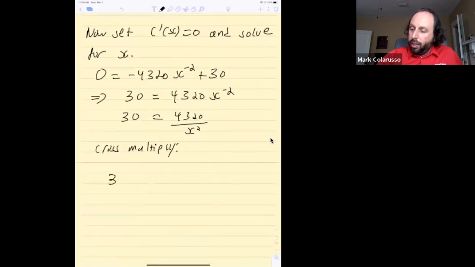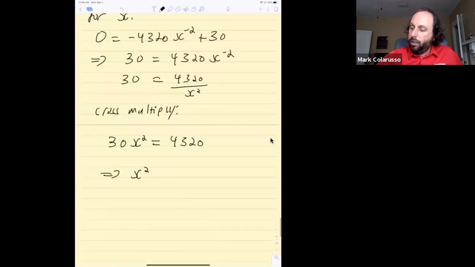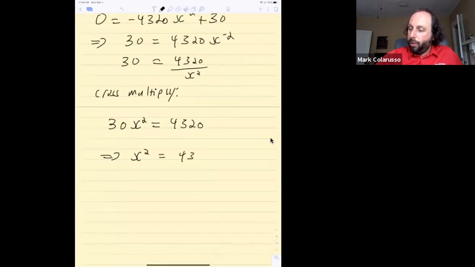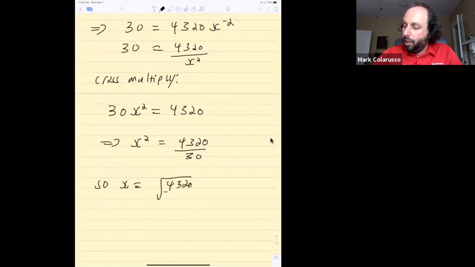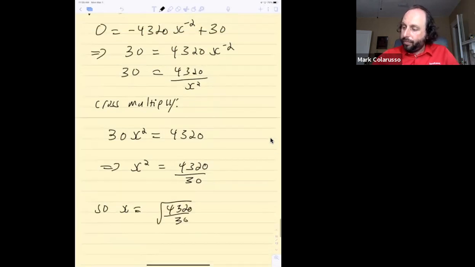So you get 30x squared equals 432. And so x squared equals 432 divided by 30. And now, x equals the square root of 432 over 30.